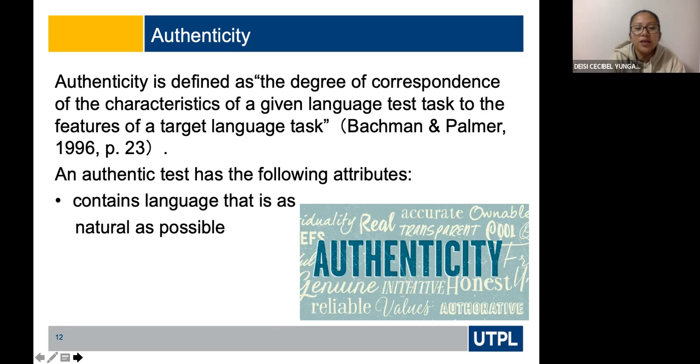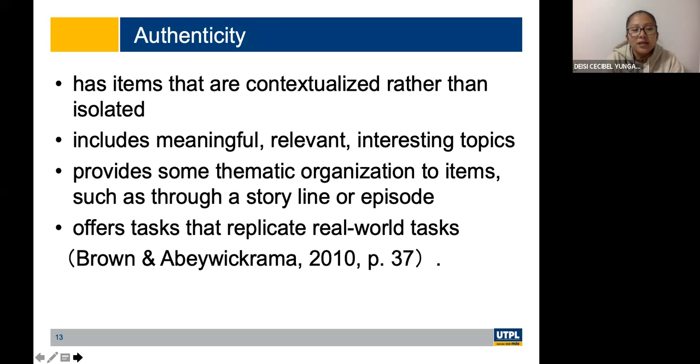First, contains language that is as natural as possible, has items that are contextualized rather than isolated, includes meaningfully relevant, interesting topics, provides some thematic organization to items, such as through a storyline or episode, offers tasks that replace real-world tasks. I think the activity is authentic.